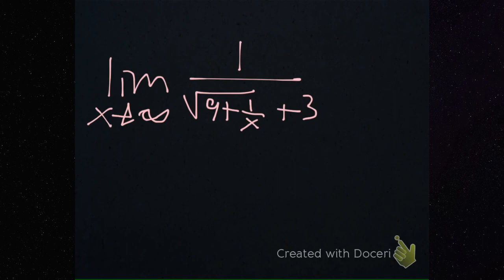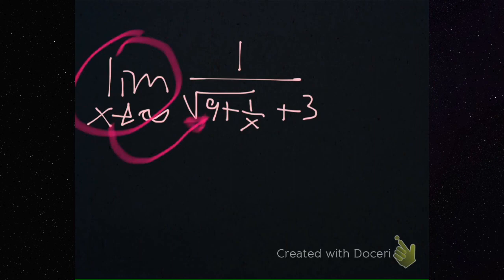So then we run that limit. The root is continuous on the positive x's, so we can pass the limit inside the root. The limit as x goes to infinity of 9 is 9. What's the limit as x goes to infinity of 1 over x? That one goes to 0.